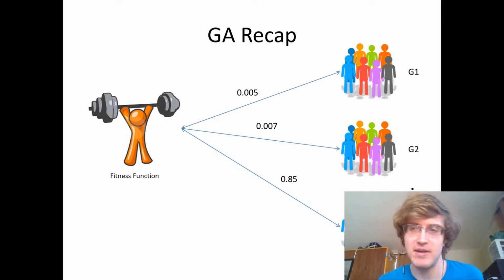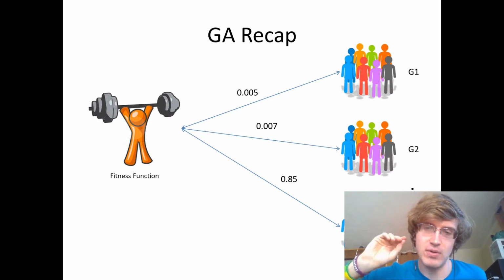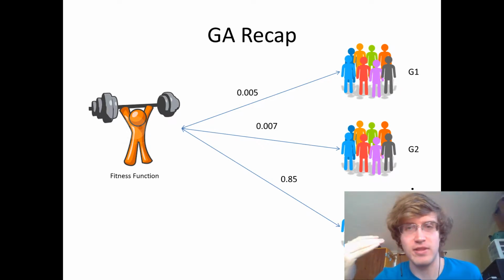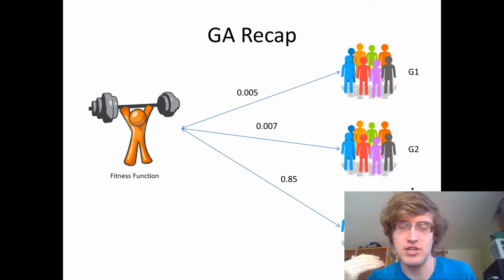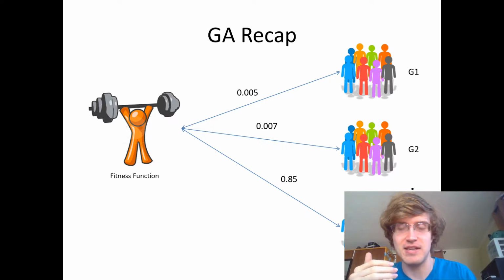So just to recap on how genetic algorithms work, you have a fitness function, and then you have a population, which is initialized originally randomly. So that's what G1 is. And as you can see, G1 here has a fitness of 0.005, so really low. And in each generation, you take some of the fitter individuals and use them to repopulate the second generation.